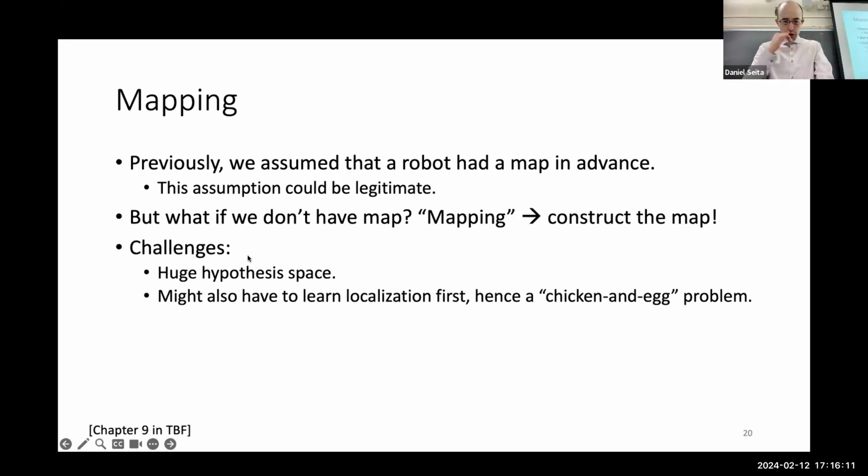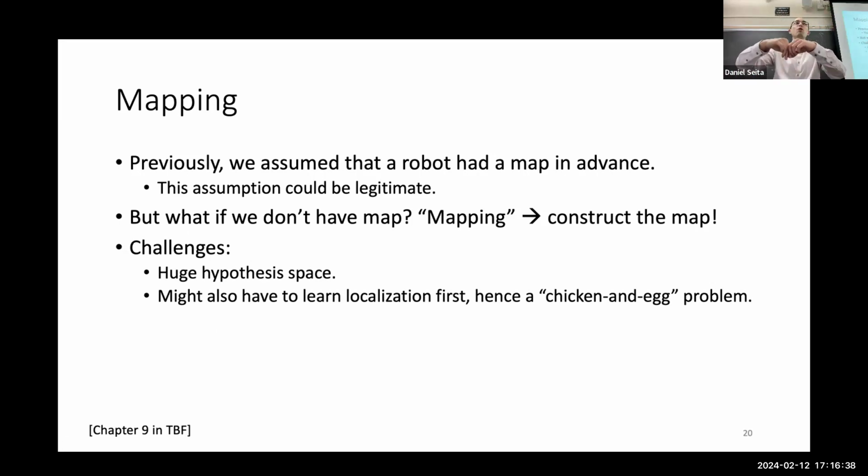The challenges are that there's a huge hypothesis space. It depends on how exactly you define a map, but no matter what, a map is some high dimensional array of numbers, and you have to decide the full design of the map and so on. The other main challenge is that you might also have to learn localization as well.